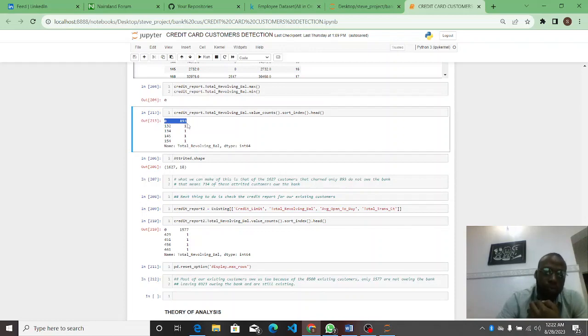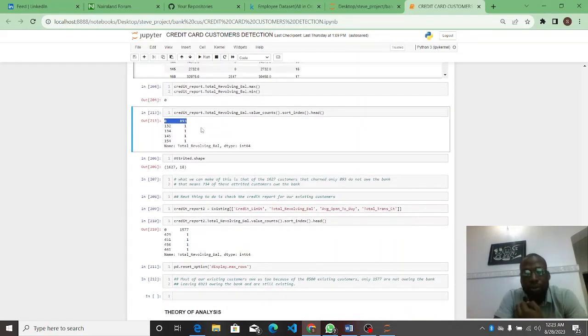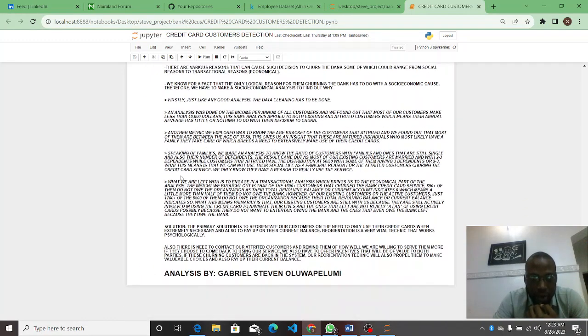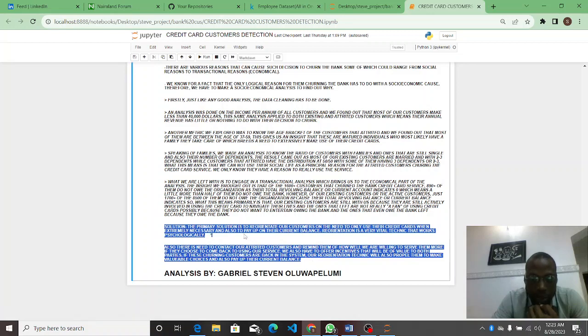I also came up with a solution that can stop customers from churning the organization. If we check over this angle here, you can see my solution bar, which states that the primary solution is reorientation.